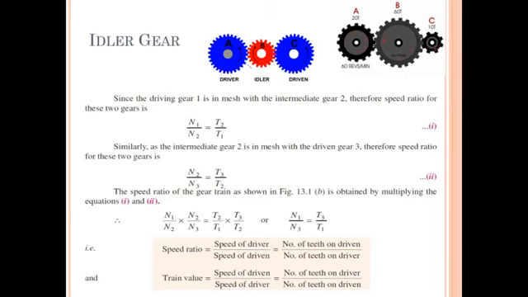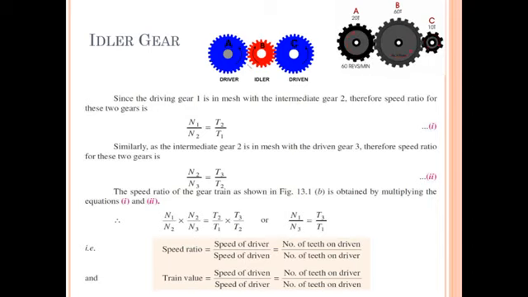This is regarding idler gear. Now, this idler gear is used for two functions generally. The first function is to connect the gears where a large center distance is required. Suppose A and C gears are not too close, they are having a large distance, then this gap can be bridged by these idler gears, a number of idler gears.